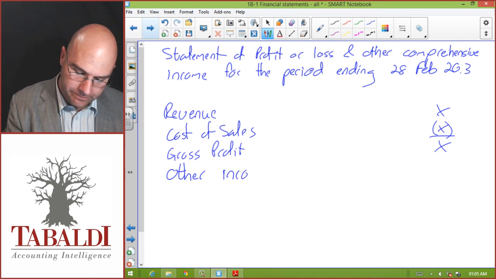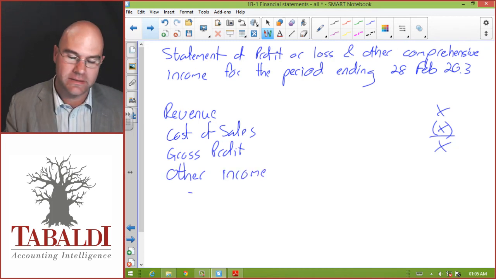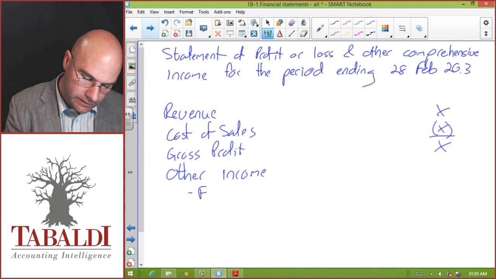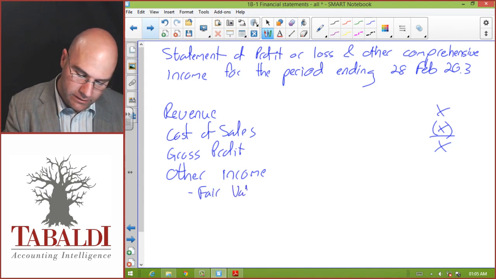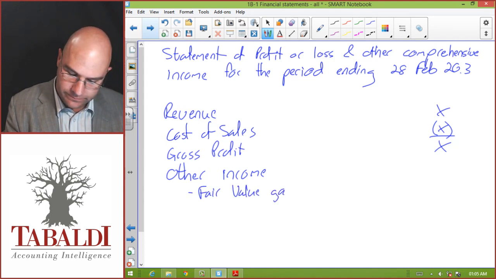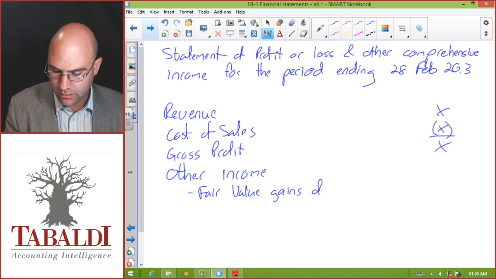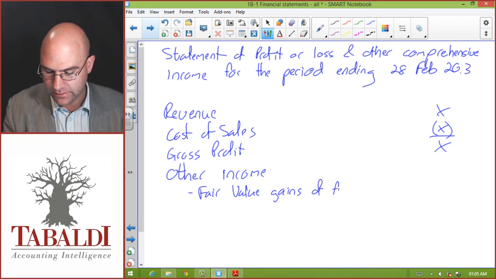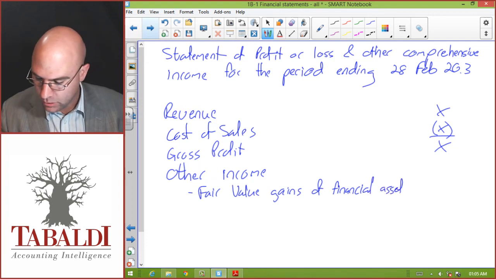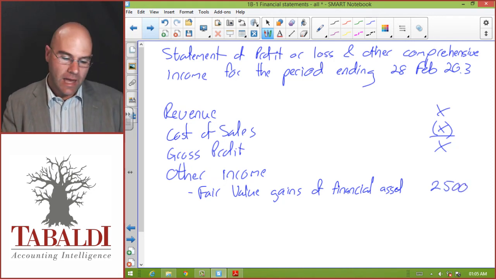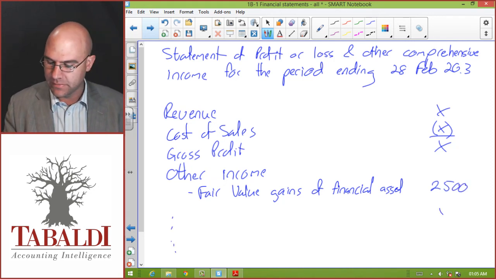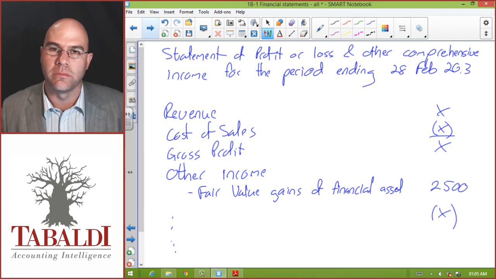Other income, and you just have a little sub amount there called fair value gains on financial assets. Okay, and that fair value gain was 2,500. Okay, and then you carry on with the rest of the income statement as you've learned before.